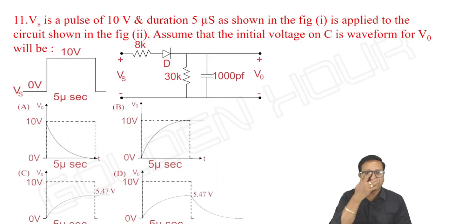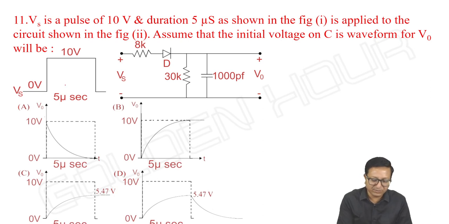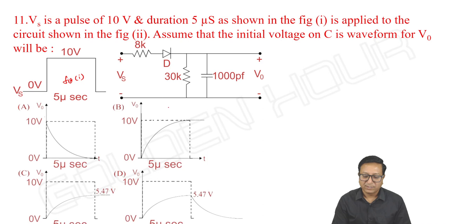Next, question number 11. Vs is a pulse of 10 volts and duration 5 microseconds as shown in figure 1. This is figure 1, and it is applied to a circuit shown in figure 2. This is figure 2.